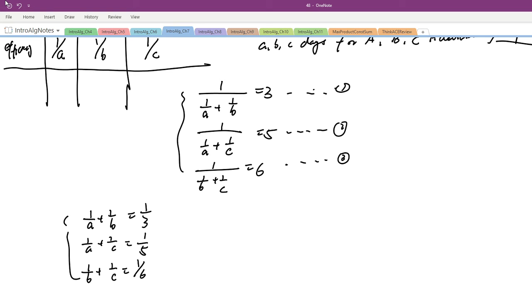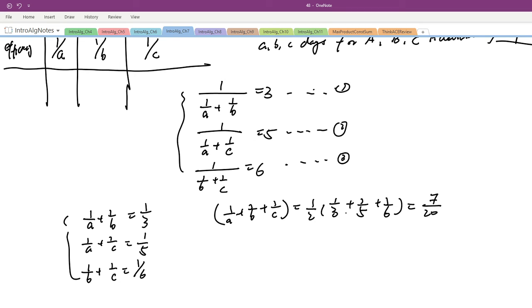Now we can know that A's plus B's plus C's efficiency is half of 1/3 plus 1/5 plus 1/6, which is equal to 7/20.